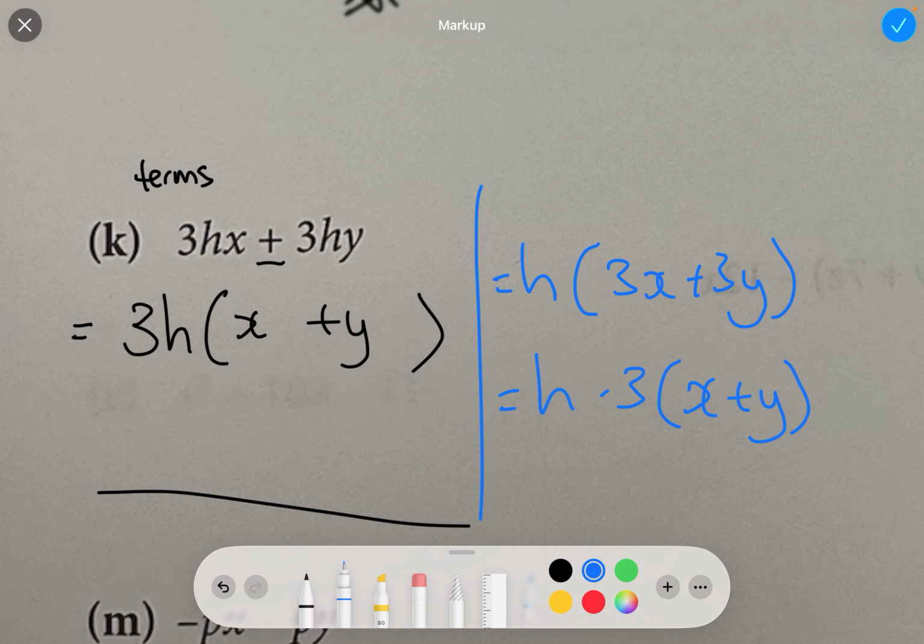Then h times 3 is 3h. Okay? So if you never see all the factors at one time, you can take out one factor first. Then after that, you must take out also the other factor. So end of the day, you must try to make the inside as simple as possible. No more common factor. Okay? Good question.